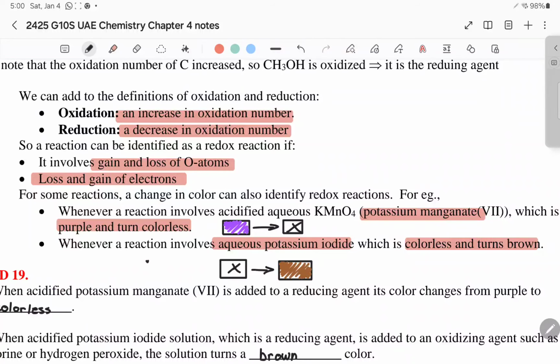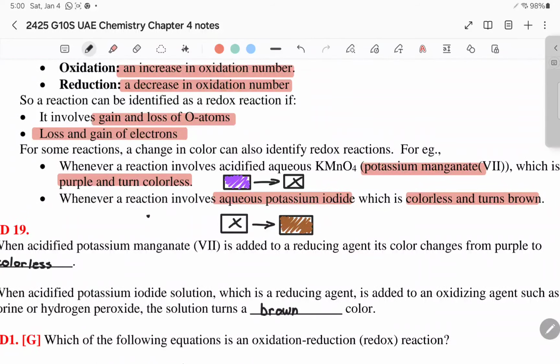And we need to memorize these. When you want to know if a certain solution underwent redox, reduction or oxidation: if it's potassium manganate, it will turn from purple to colorless. But if it's potassium iodide, it will go from colorless to brown.